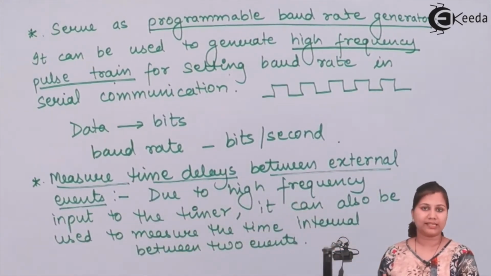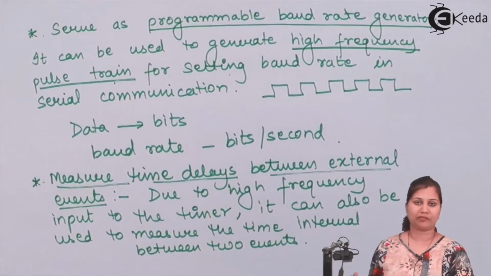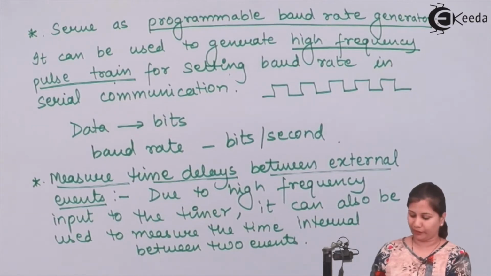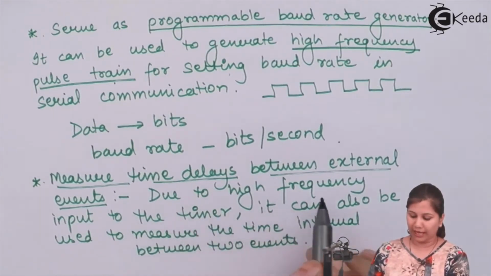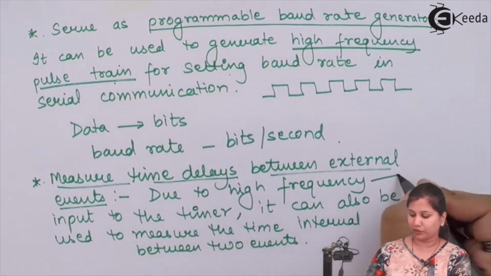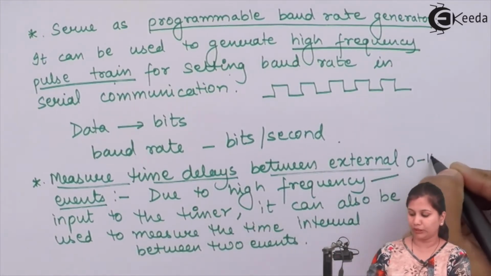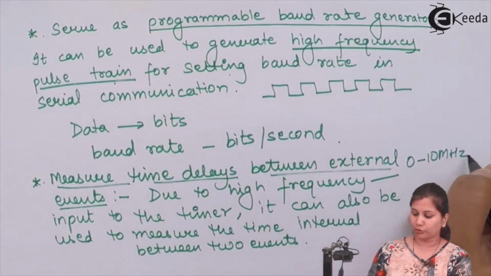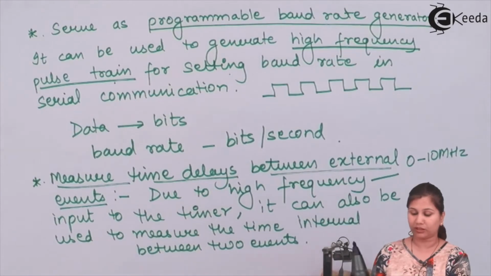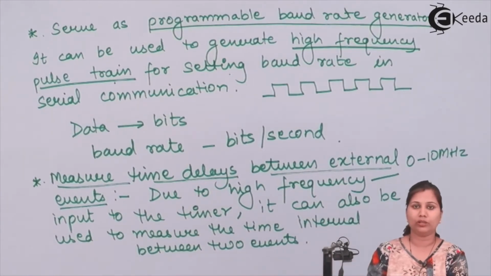Suppose some event is occurring at a specific time interval, so that time interval can be measured by 8253, because the 8253 works at a frequency of 0 to 10 megahertz. Due to the high frequency input to the timer, it can be used to measure the time interval between two events.